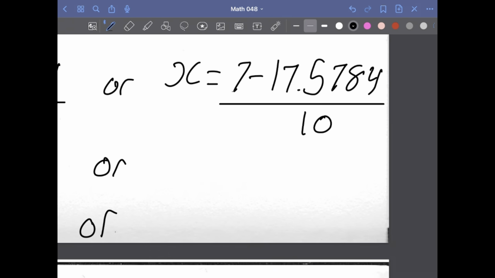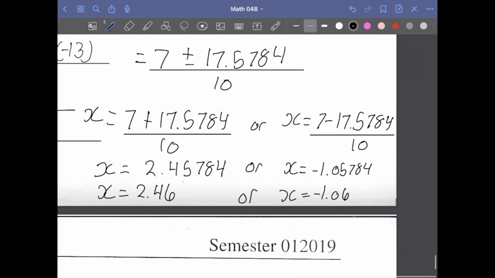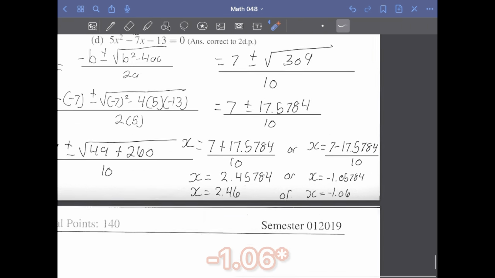Negative 10.5784 divided by 10, x is equal to negative 1.05784. Again, 7 is greater than 5, so that 5 becomes a 6, negative 1.06. So x is equal to 2.46, or x is equal to negative 1.06.